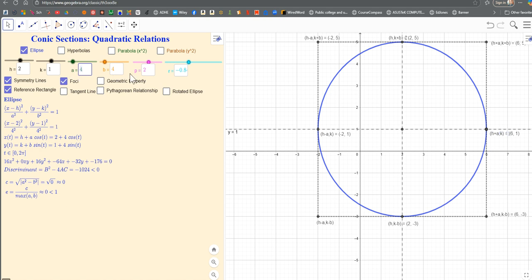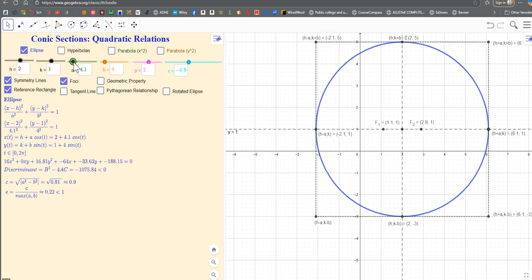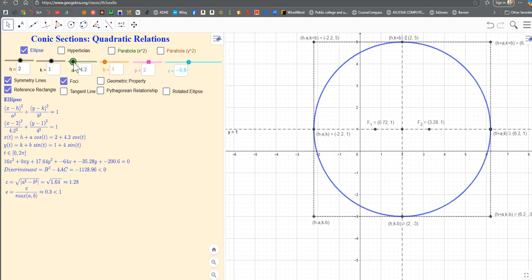If a and b are the same, then this ellipse degenerates to a circle. So let me make it where they're almost the same, so it's not quite a circle, it's an ellipse. Notice it has the 2 foci, and it's pretty round, pretty much like a circle, but not quite.